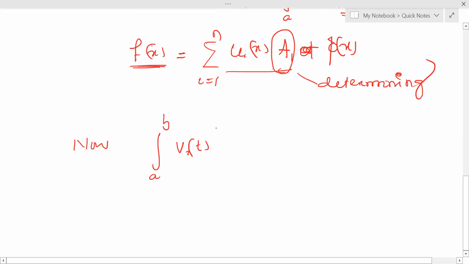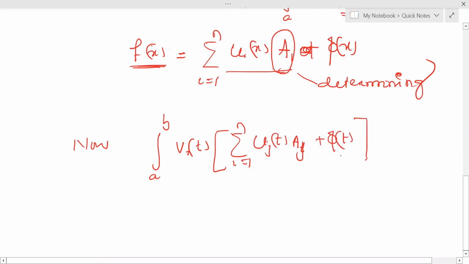Then you have the formula: summation of j equal to 1 to n of a_j u_j(t) plus phi of t, dt, that is equal to a_i, as already mentioned.